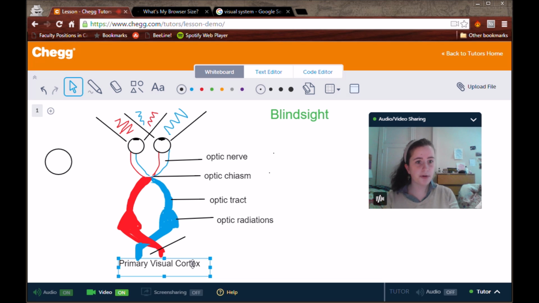So even though a person reports that they don't have any sort of vision or perception, in this case on the left side of their body, if a researcher holds up like 3 fingers and goes, how many fingers am I holding up? Like right outside of where the other eye would be able to see, they'll say, I have no idea. I've told you, I have blindsight. But if the researcher pushes them and says, oh, just take a guess. How many fingers do you think that I might be throwing up?